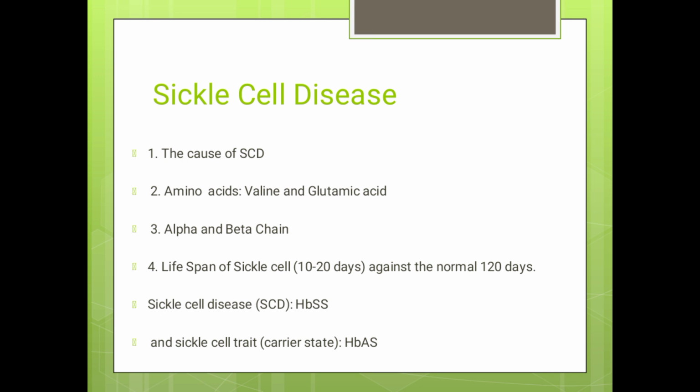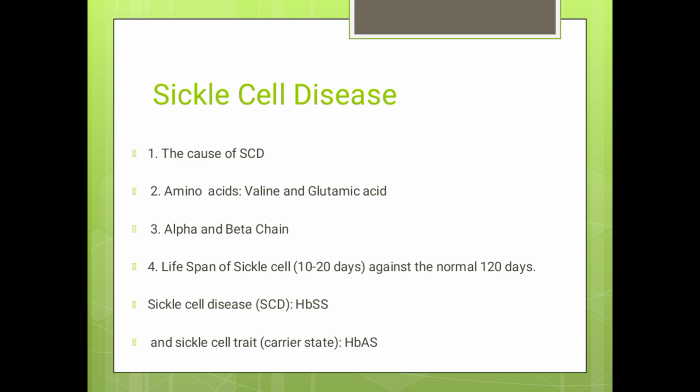Now, the difference between sickle cell disease and sickle cell trait or carrier. In sickle cell disease, you have hemoglobin S from both parents, one from mom, one from father. That is why when both of you are carriers, you are not advised to marry.